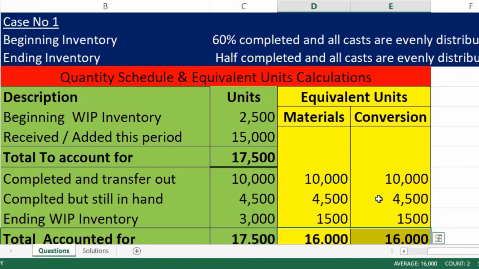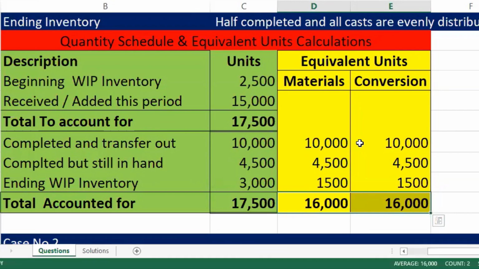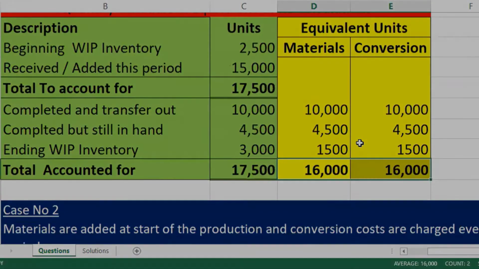So use different columns for every cost element, although it is the same in calculations. This was the first scenario for the calculation of equivalent units and preparing the quantity schedule in process costing. And we have learned combining these two schedules for the calculation of equivalent units and preparing the quantity schedules.